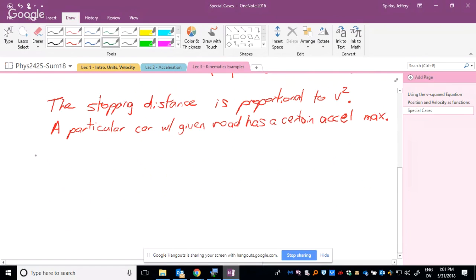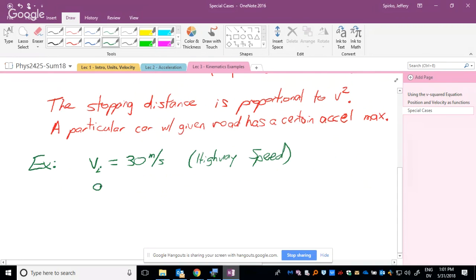So let's do an example. V initial is 30 meters per second. So that's about highway speed.